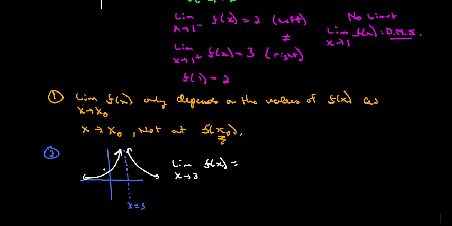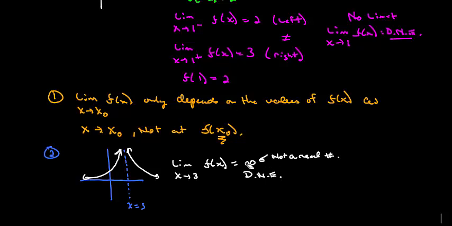Here's the problem. Yes, both sides are going to infinity, but this is not a real number. So we say that the limit does not exist, or we just write the symbol infinity, but we realize that this isn't actually a limiting value. It just describes the behavior of the function.